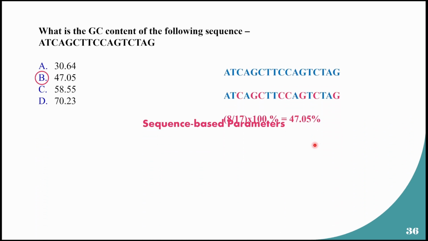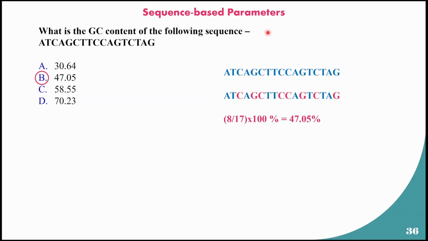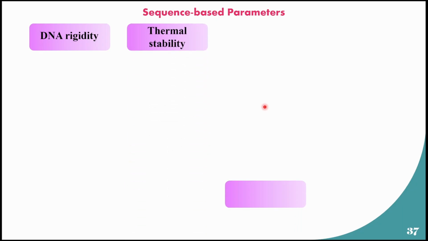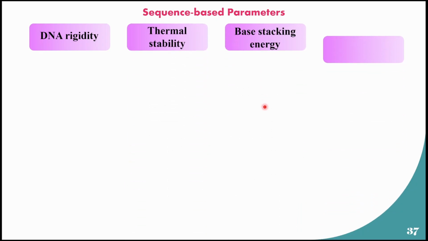Okay. In this case, we also saw sequence-based parameters like GC content that can be calculated using a very simple formula, right? Sequence-based parameters are basically different parameters that you can obtain from sequences.